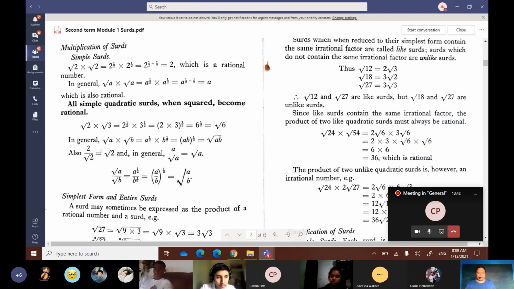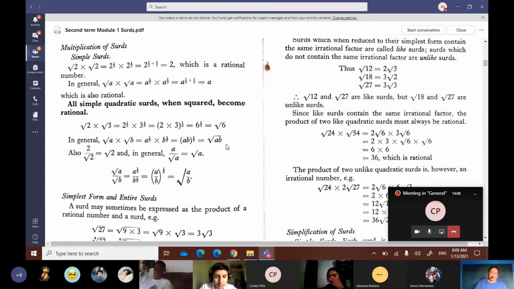So in general, the square root of a times the square root of b is equal to a to the half times b to the half, which is the same thing as open bracket ab close bracket raised to the half, which is equal to the square root of ab. Right? So that is very important.